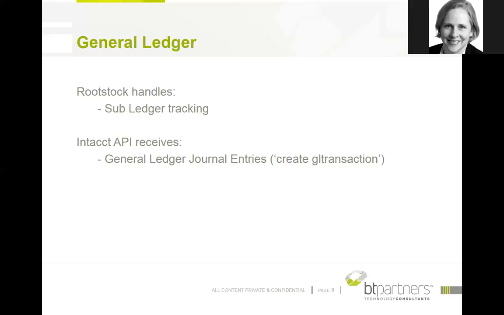So Intacct is really that foundation that Rootstock then uses to match up its subledger processes to, and then pushes that over through an API create GL transaction over into Intacct.